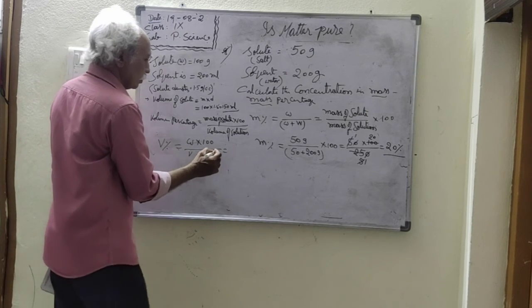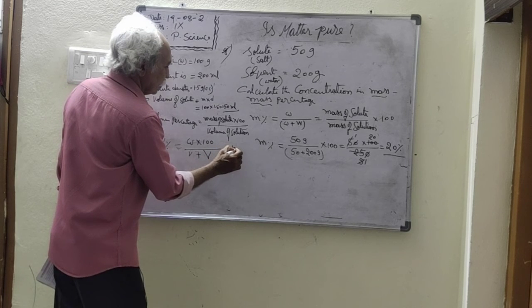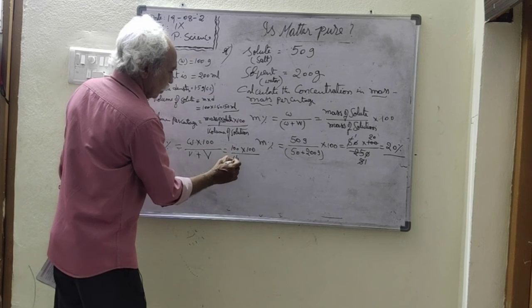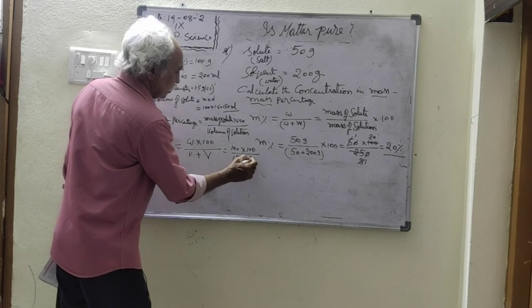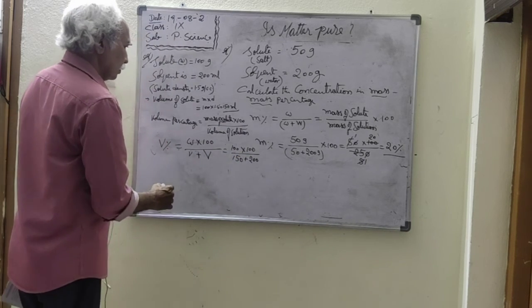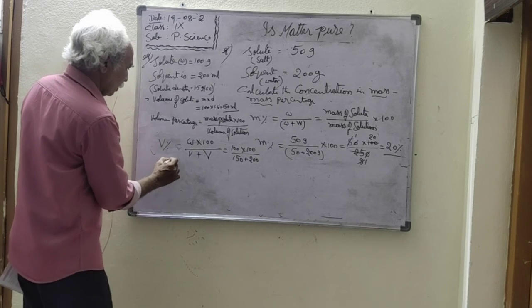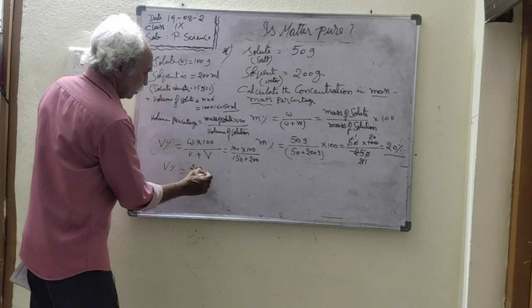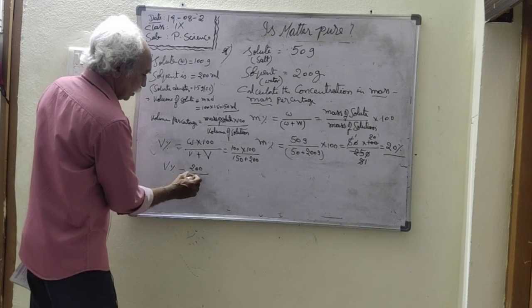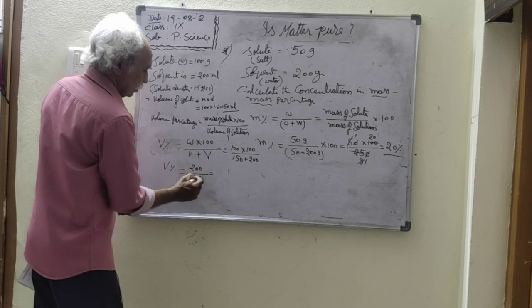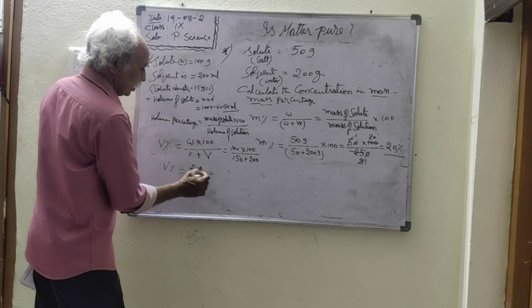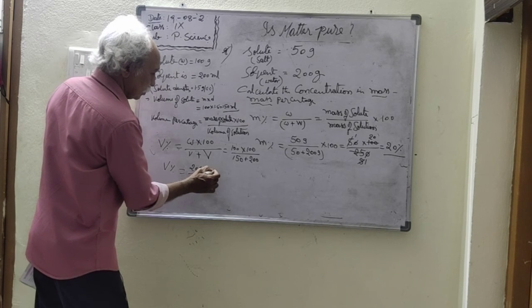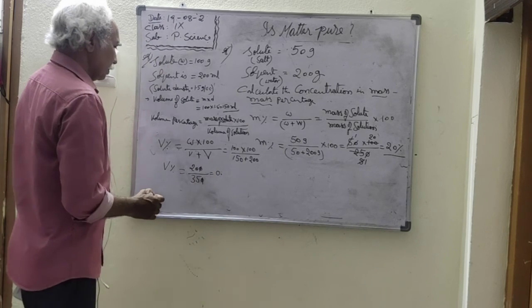So it is equal to 100 into 100 by 150 plus 200, that is 10000 by 350.